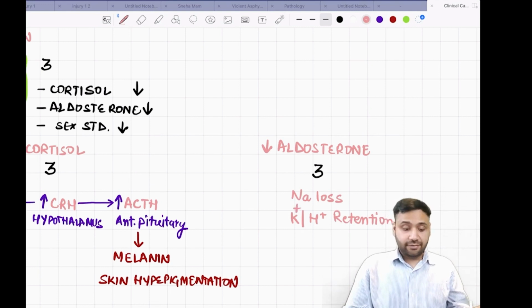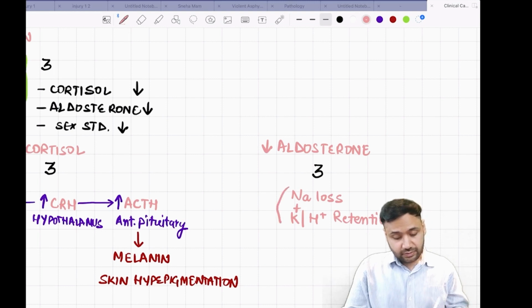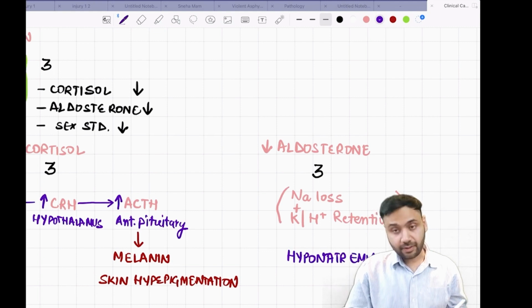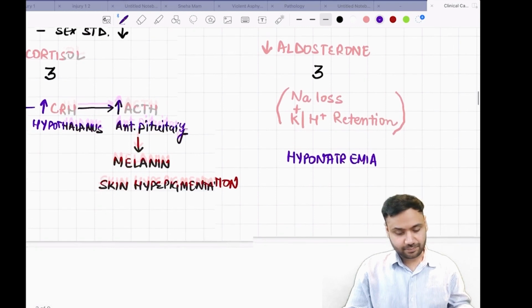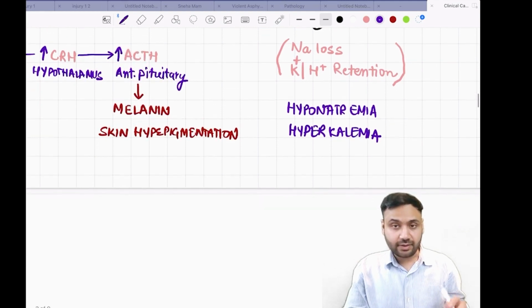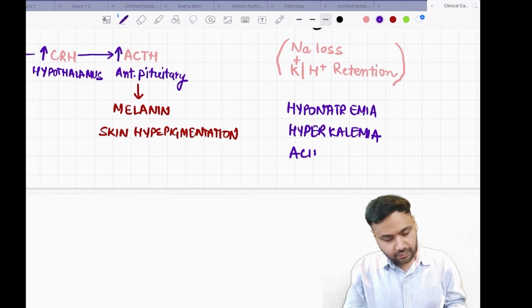Now, once these three effects are seen, what would you get? You would get hyponatremia, hyperkalemia, and acidosis.